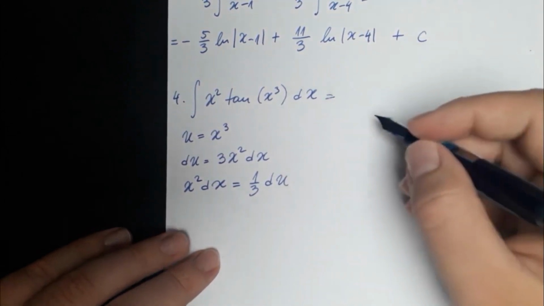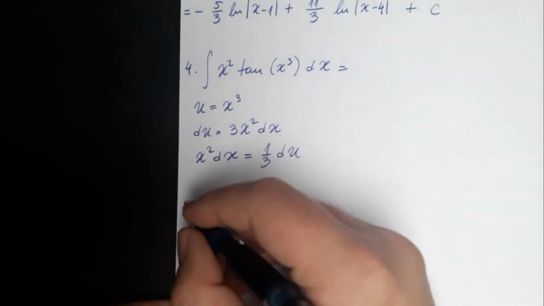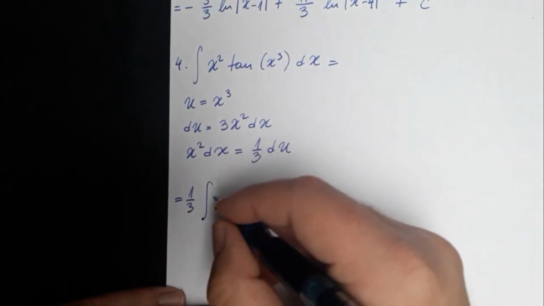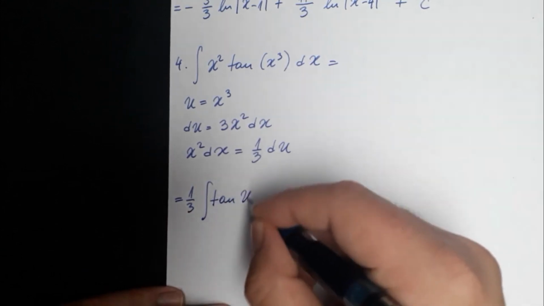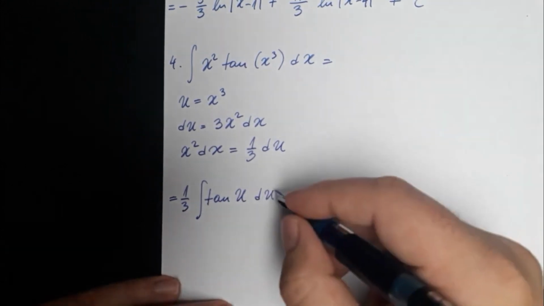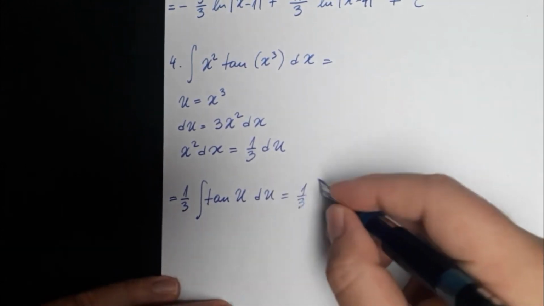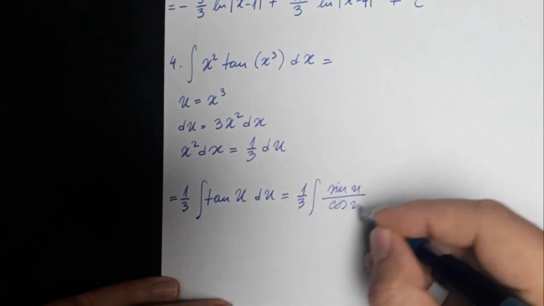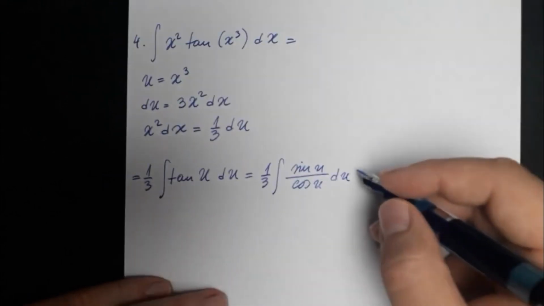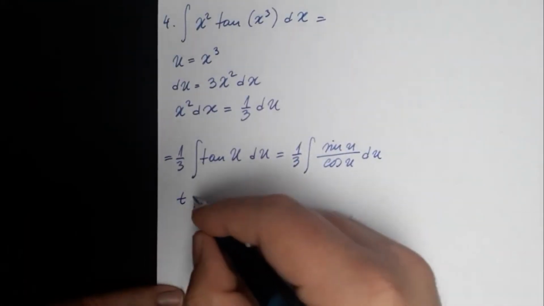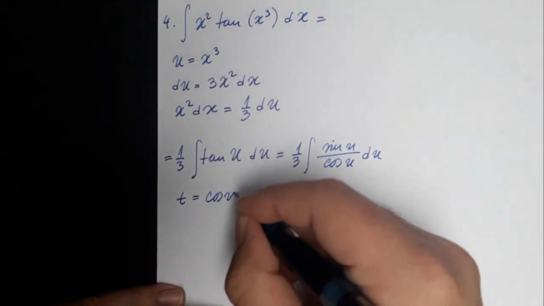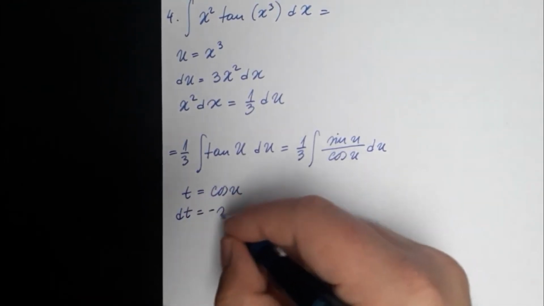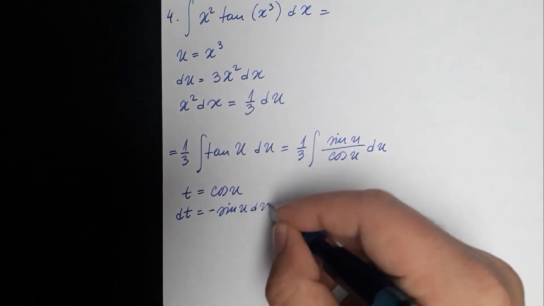And when we return all of this into our integral, it is going to become 1/3 of an integral of tan u du. And this integral is easy to solve, as it is sin u divided by cosine of u du. By using the substitution that t is equal to the cosine of u, we get that the differential of t is negative sine u du.